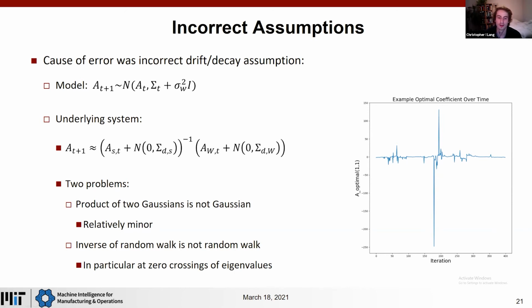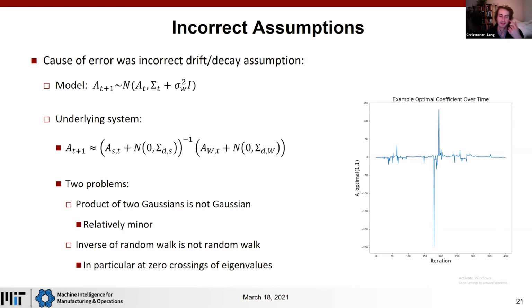when we end up taking this inverse, that really destroys the assumption of a Gaussian random walk. And in particular, when the eigenvalues of this matrix that we're trying to model end up crossing zero, that's when we see these really large spikes in what the optimal system should be.